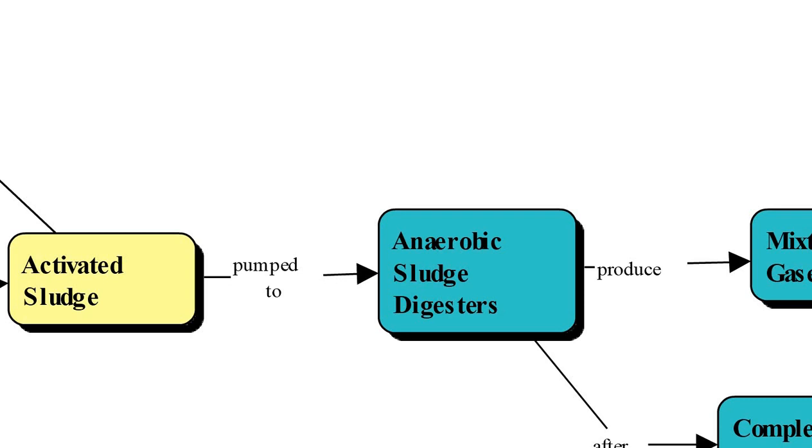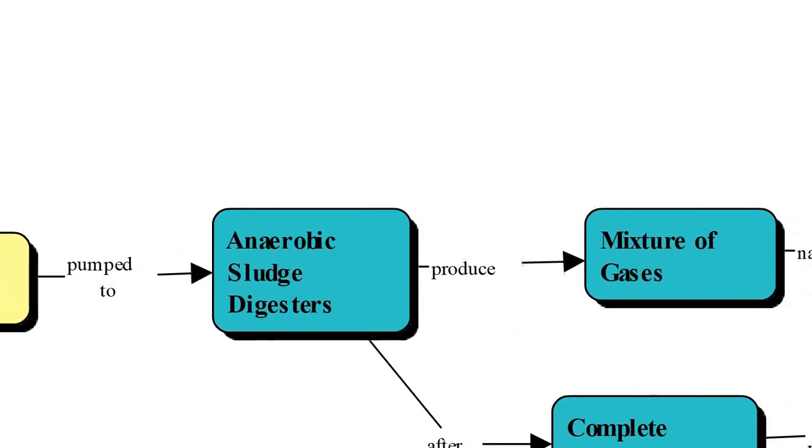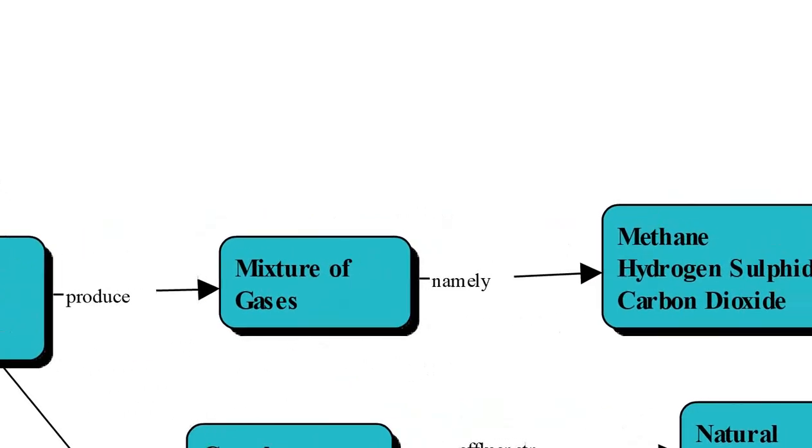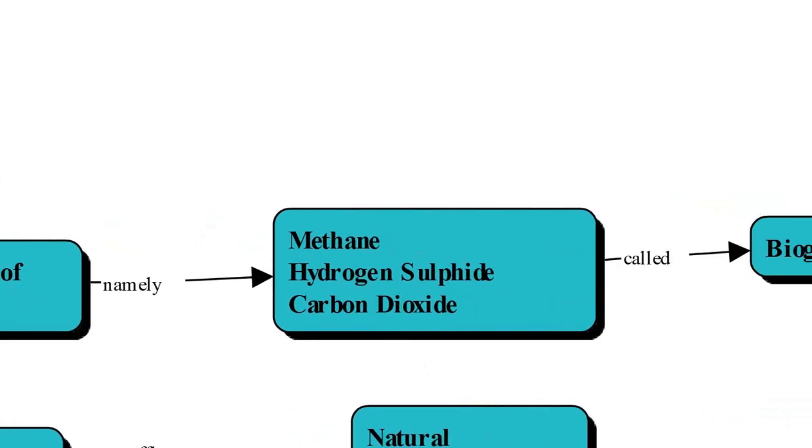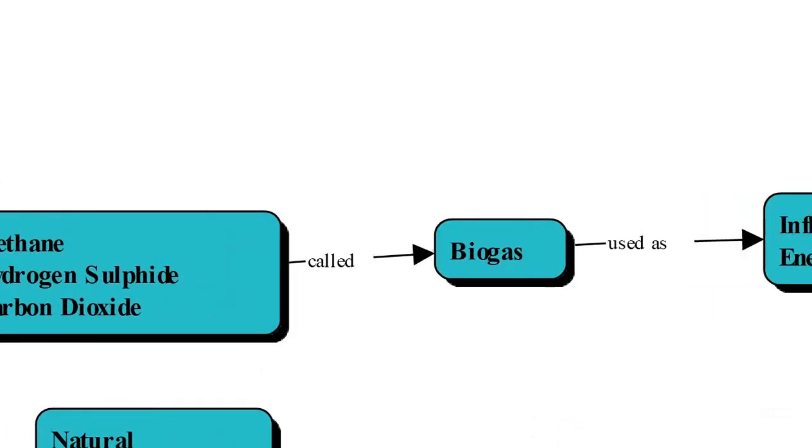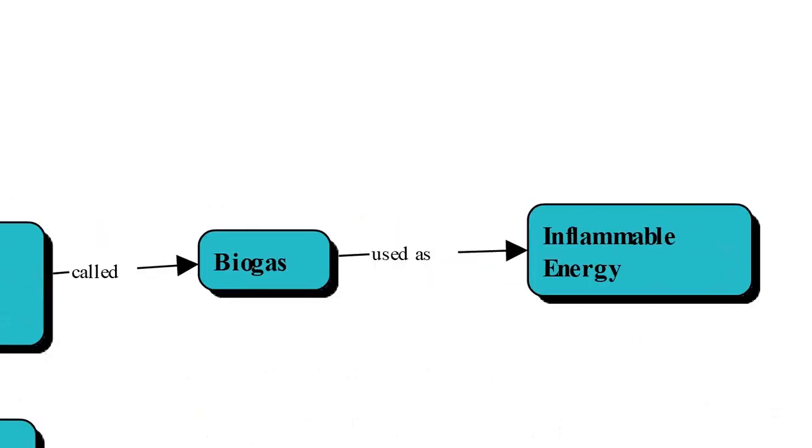So after the completion of aerobic digestion, this activated sludge is pumped into the anaerobic sludge digester, which facilitates further digestion by different kinds of organisms, especially anaerobic microorganisms. These anaerobic organisms produce a mixture of gases that includes methane, hydrogen sulfide as well as carbon dioxide, and usually we call it biogas. Because of its inflammable nature, it is used as fuel.